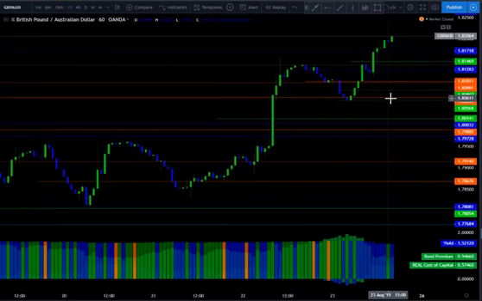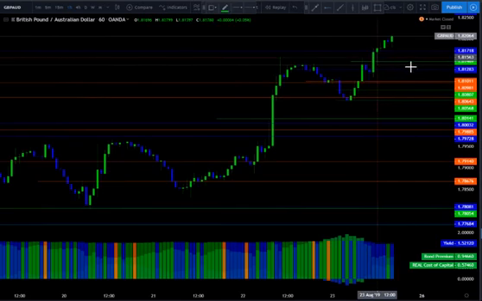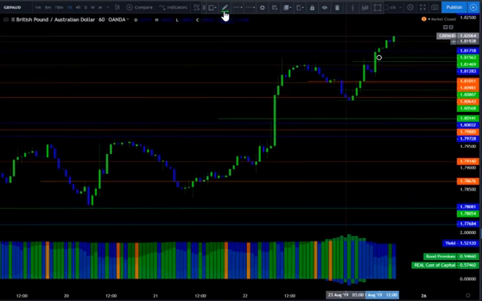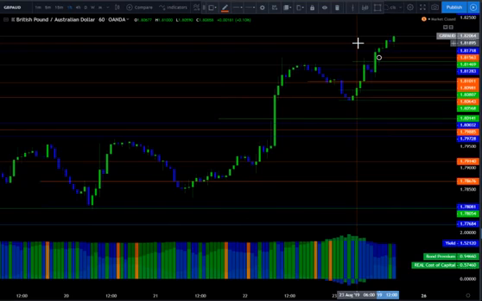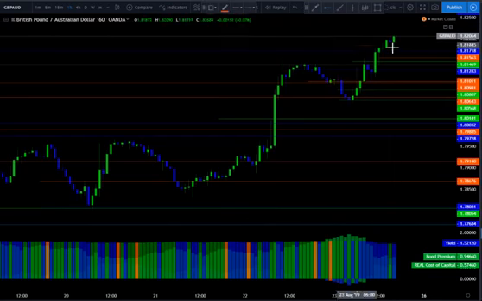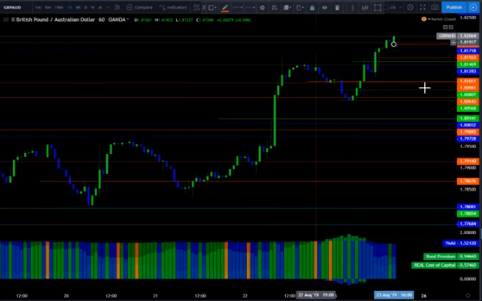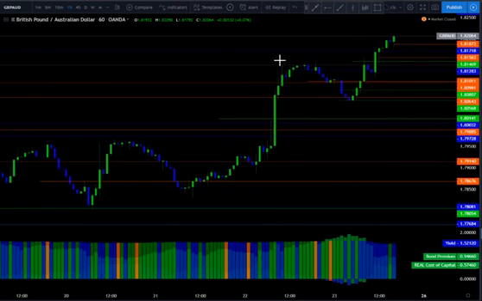Looking at this 1 hour, I have a key market making level on this little inside pin, on this high pin. I'm going to have one more market making area on this bullish piercing low, and another market making area at this high.